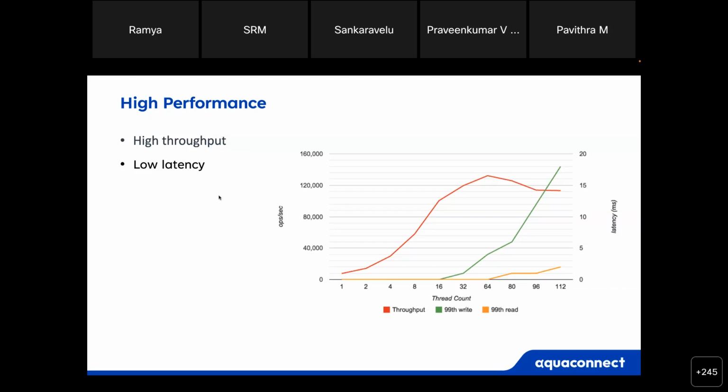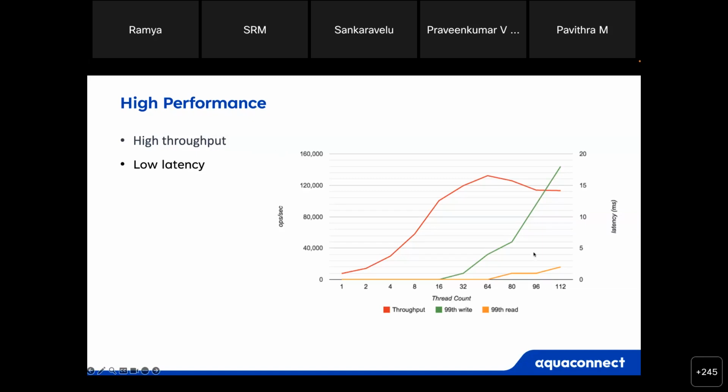If your system should have higher performance, then you need high throughput and low latency, so the time to get data from the database should be lower. That's why they call these high performance systems.